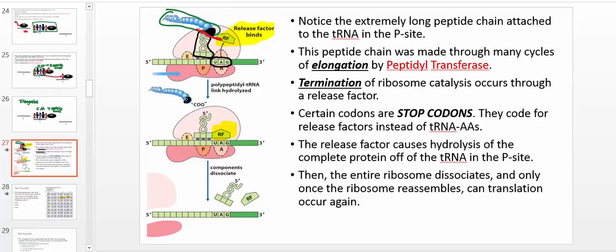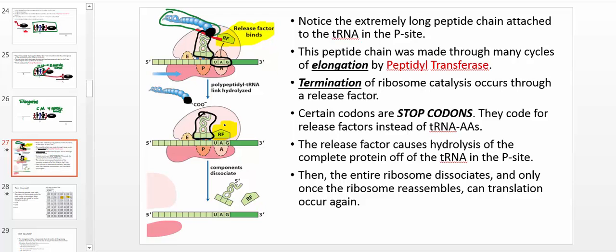This is the black amino acid that I highlighted there. So that whole polypeptide chain gets hydrolyzed off. And so now you have a free tRNA in the P site, and of course, a release factor in the A site.